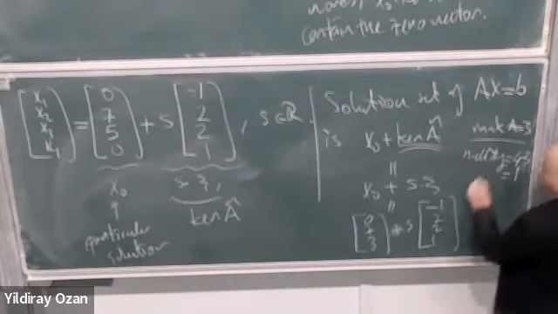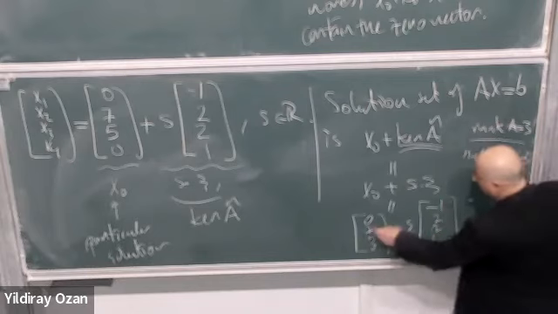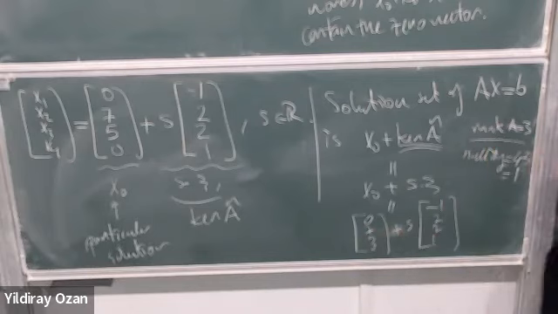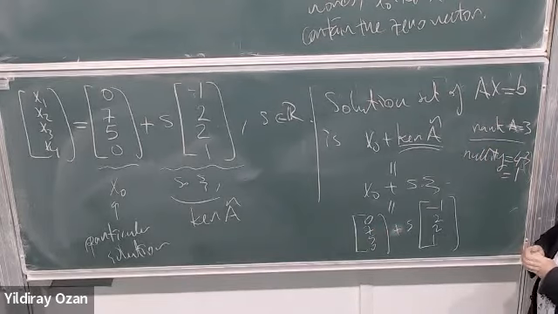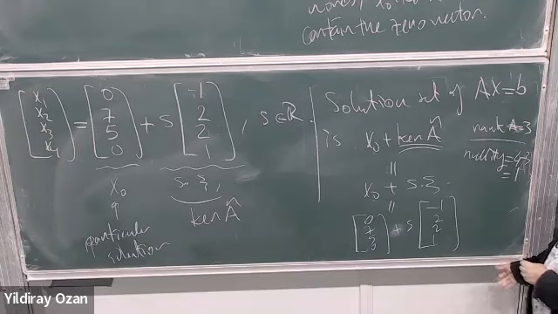And any solution to this is just one solution plus S times anything in the kernel. Okay, so that's the typical picture for linear systems, non-homogeneous linear systems.